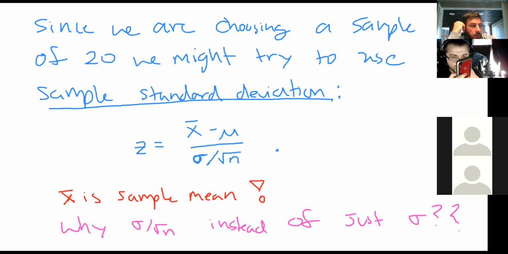Notice how I phrased this last slide. I said we might want to try using a sample standard deviation. Now, this is maybe actually misleading. I should rewrite this. I don't want you to think that, so let me rephrase this. Why not try using a sample standard deviation?